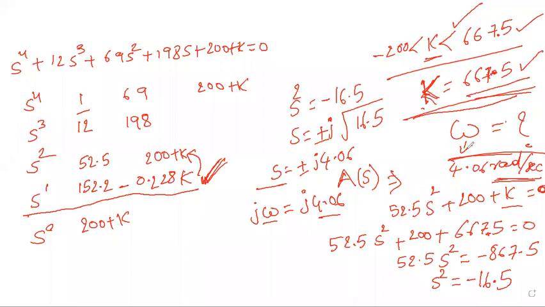Then find the oscillating frequency, which is omega, 4.06 radians per second. This is the procedure. Is it clear, all of you?